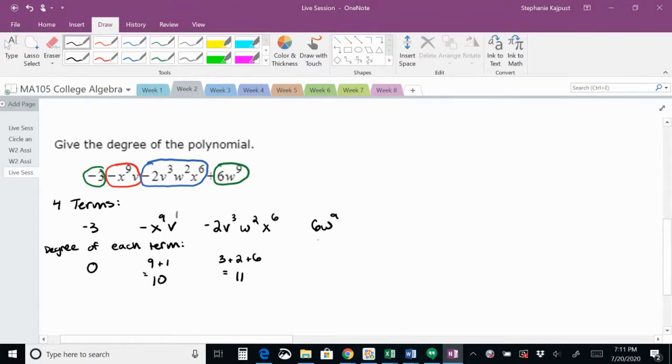And then the last term, we have 6w to the 9th. It's just the highest exponent when there's one variable, so that is 9. The degree of the polynomial is the highest out of all of these numbers. Because 11 is the highest number that we got out of all 4 terms, the degree of the polynomial is 11.